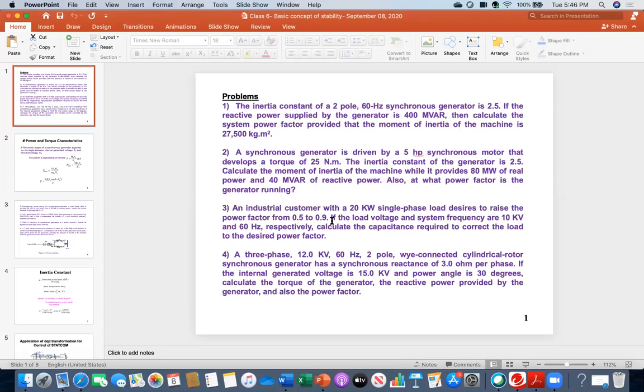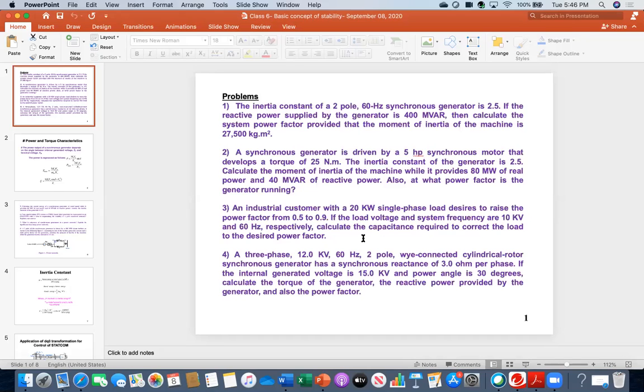An industrial customer with a 20 kilowatt single phase load desires to raise the power factor from 0.5 to 0.9. So this means the industrial customer has a 20 kilowatt single phase load with an original power factor of 0.5, which is raised to 0.9. If the load voltage and system frequency are 10 kV and 60 Hz respectively, then calculate the capacitance required to correct the load to the desired power factor.